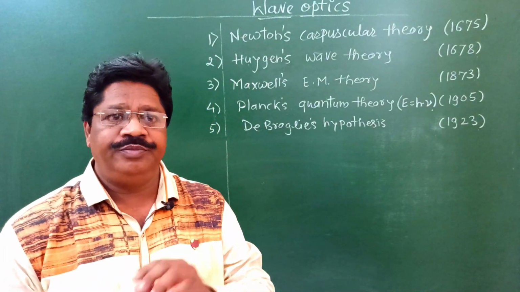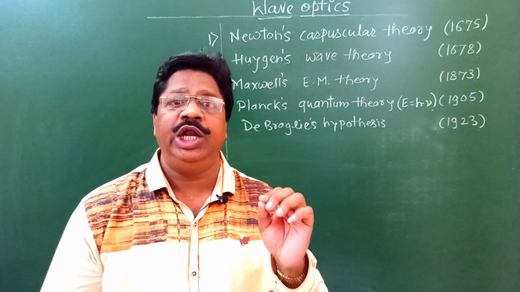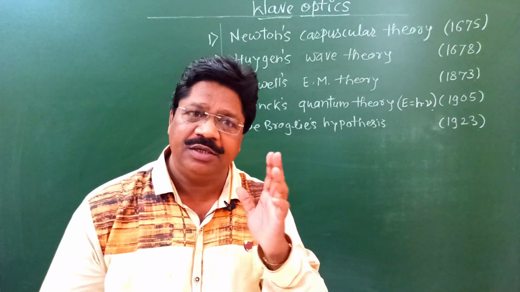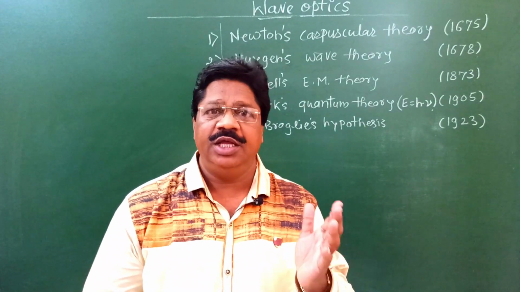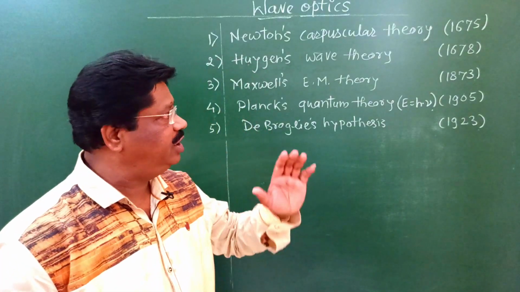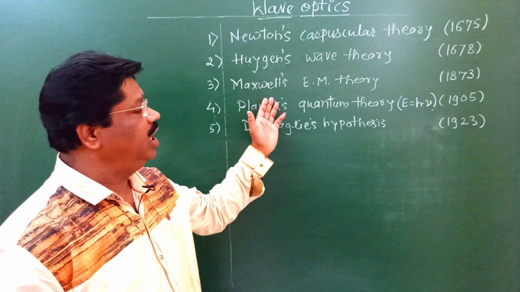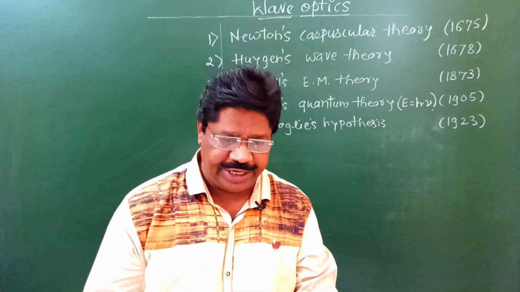Therefore, according to de Broglie, light has a dual nature. That means light travels in the form of waves as well as in the form of photons, that is, particles. These are the theories related particularly to the propagation of light.